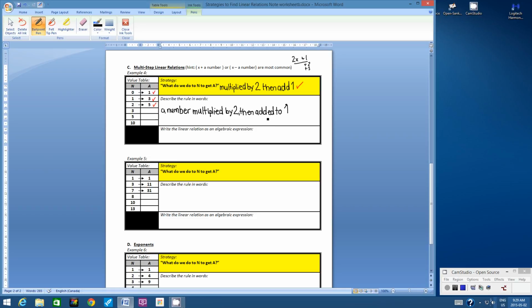Or you could have put then increased by 1. A number multiplied by 2, then added to 1.